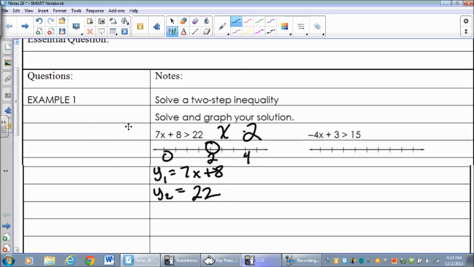So I'll type in 7 times 0 plus 8, and test to see if it's greater than 22. And then I'll enter 7 times 4 plus 8, and test to see if it's greater than 22, because I want to find which side is true, and that's the side that I'm going to shade. I'm going to go back to my calculator.